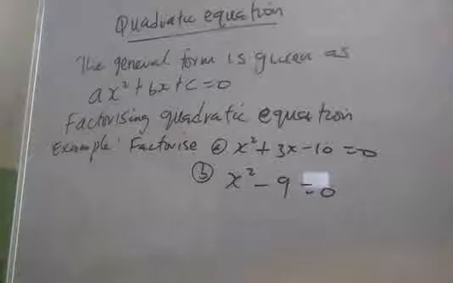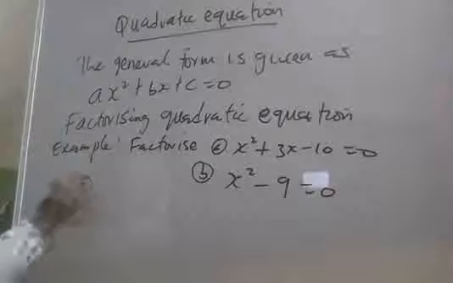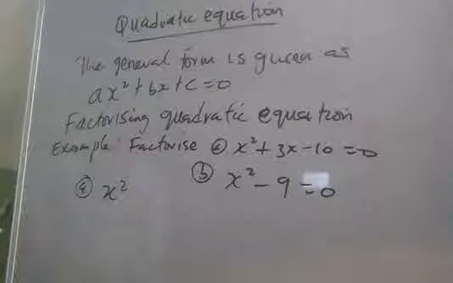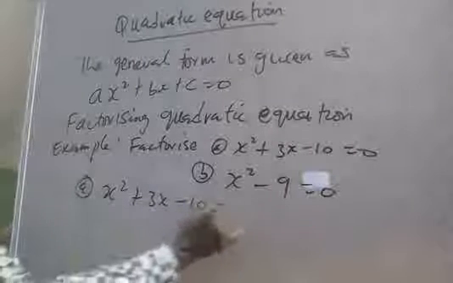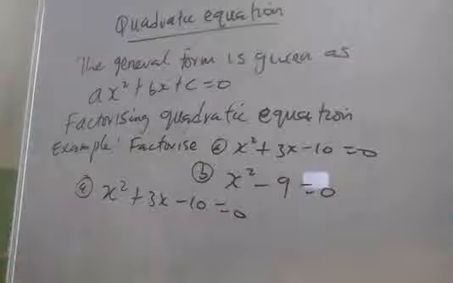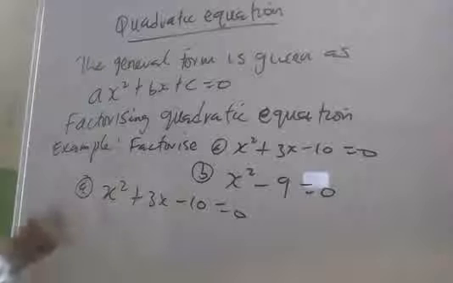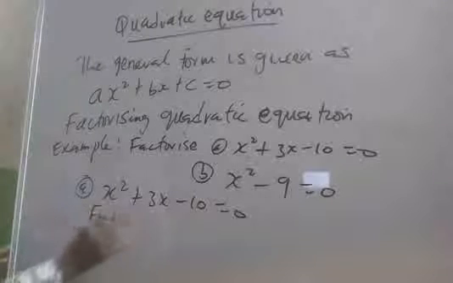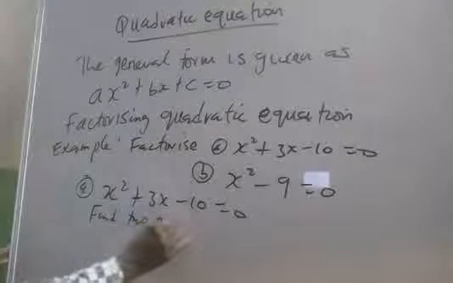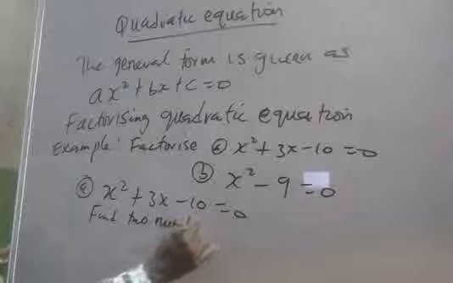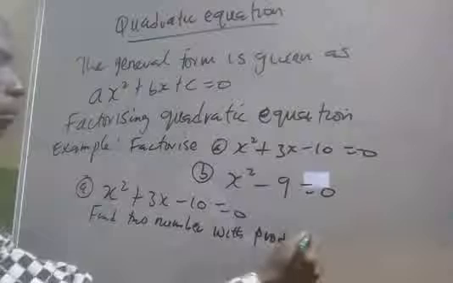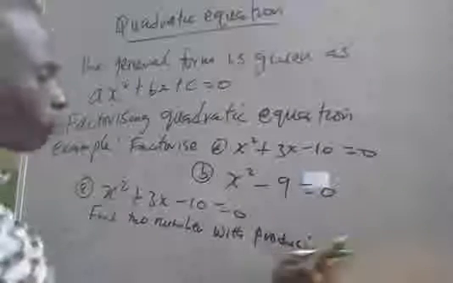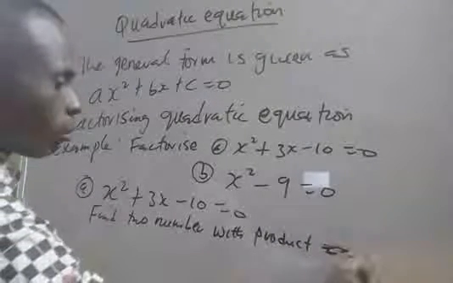So let's start with this example. We have the first one there, x squared plus 3x minus 10 equals 0. It's very simple. Just find two numbers with product equals to minus 10.